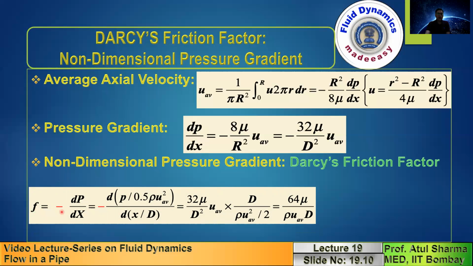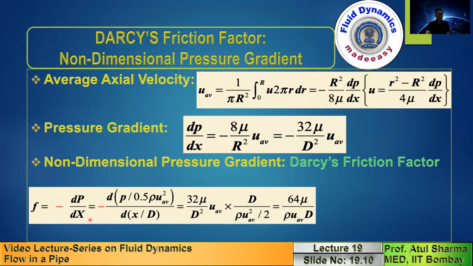This is equal to minus dP by dX, where this small p is a dimensional pressure and this capital P is a non-dimensional pressure. The relationship between the non-dimensional pressure and the dimensional pressure is that capital P is equal to small p divided by the dynamic pressure, which is represented here by half rho u average square.